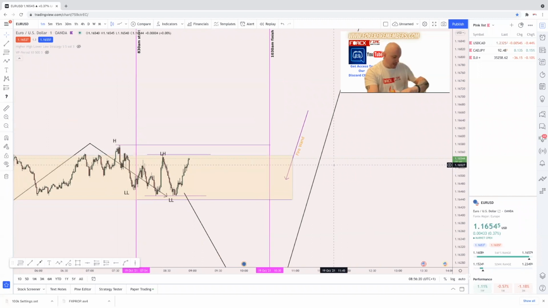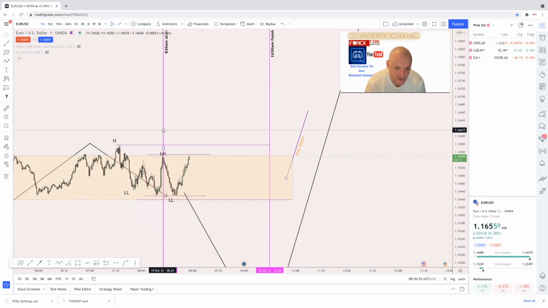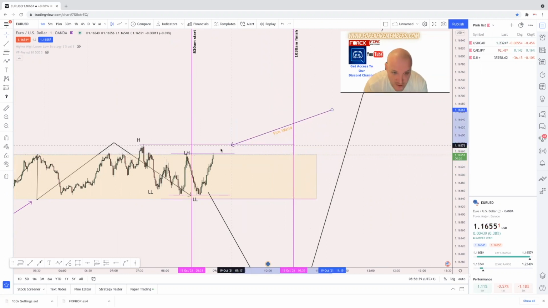Hi guys, we're now around about half an hour into the session, at the 8:30. I do apologize, I've just noticed, I thought that was a little bit bigger. So there we are. It looks as if we're going to start heading into a breaker structure within the range. Okay, so I'm still not 100%.